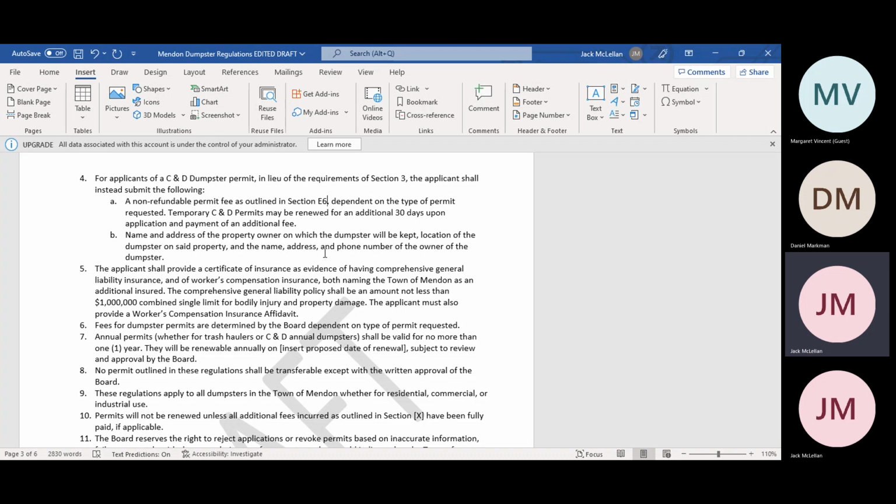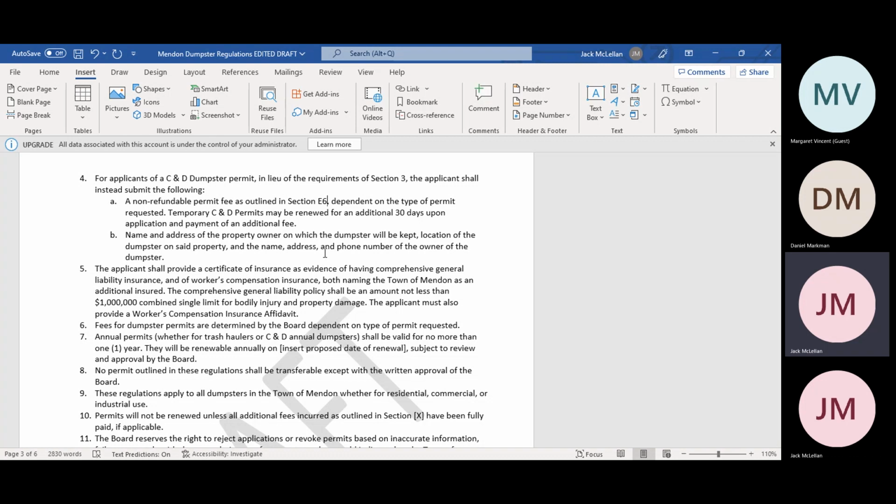Obviously, after that extension is over, they have to start over again: application, minimal fee, and they get 60 days. But I didn't think it was unreasonable to let them apply for an additional 30 days.